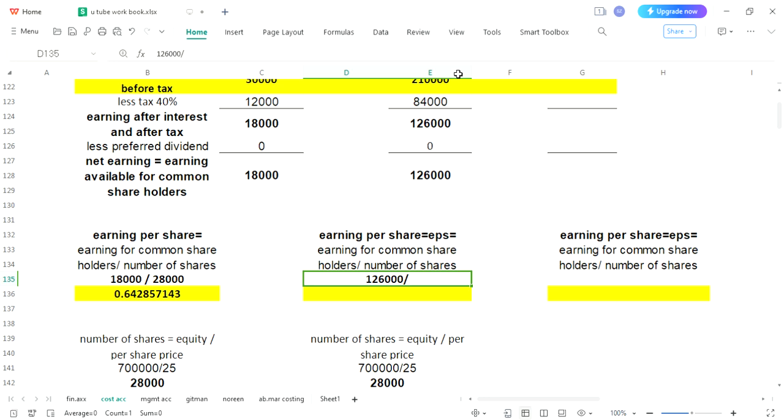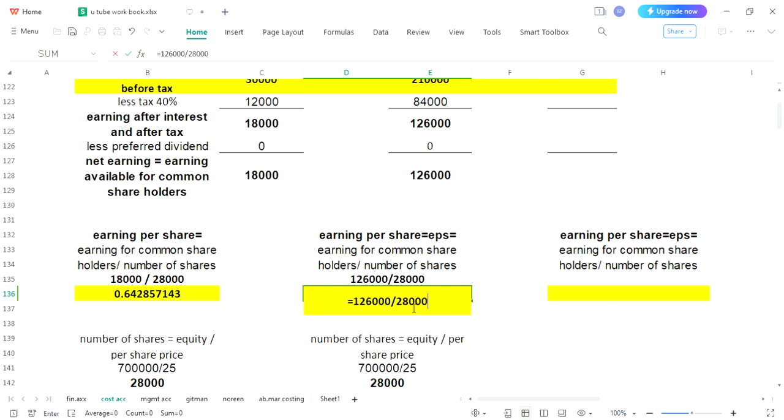These number of shares would be put in our formula for EPS, where earning available for common shareholders was put, and number of shares we have just calculated 28,000. So we have got our statement to calculate EPS.